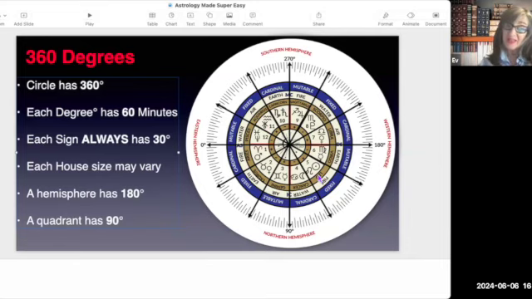And the last house is the most mysterious. It's the invisible world. And it's the 12th house, ruled by Pisces, water and mutable, the last of the water signs, the last of the mutable signs. And we completed the different cycles.